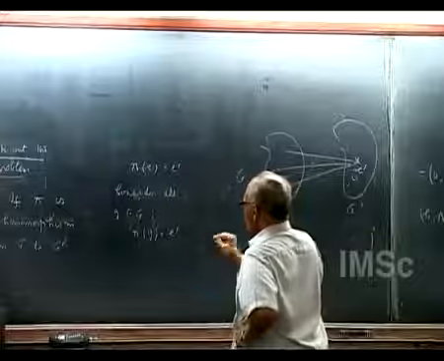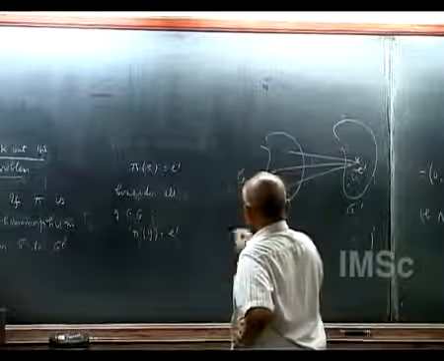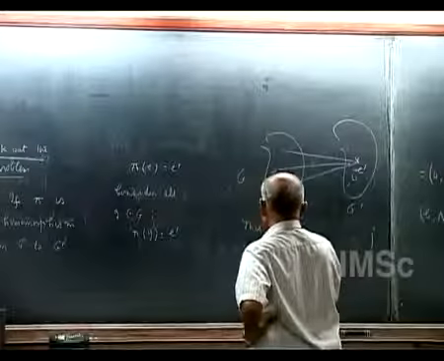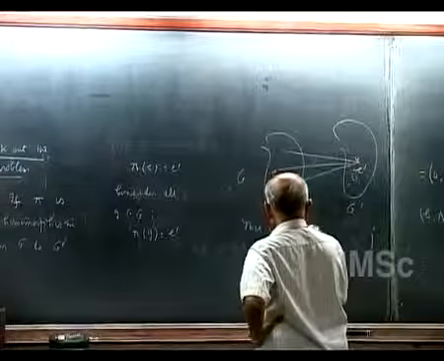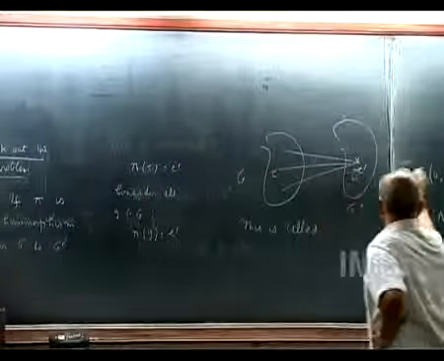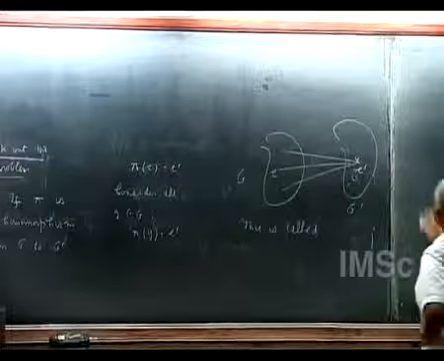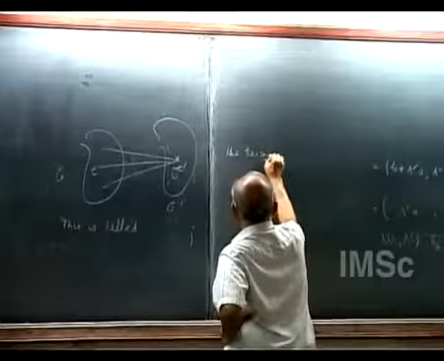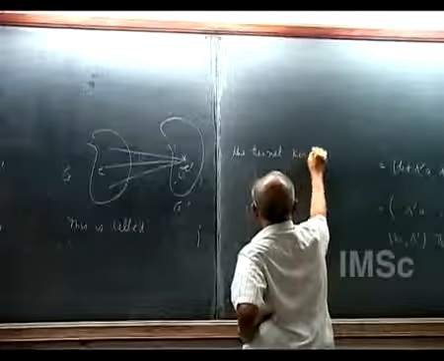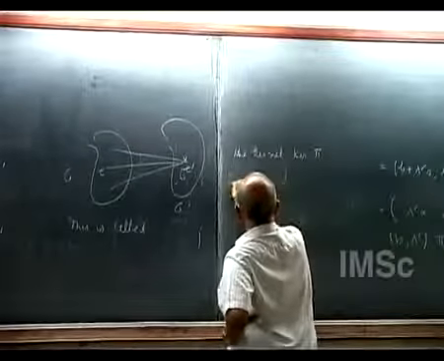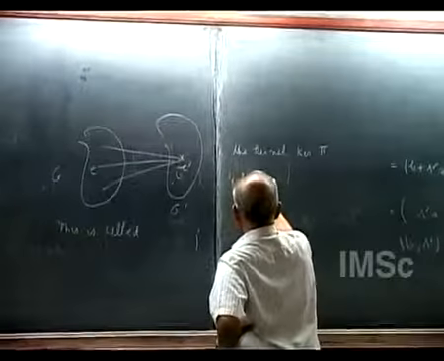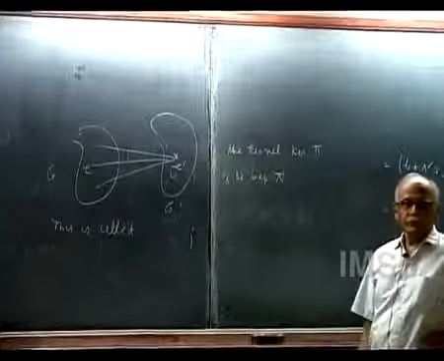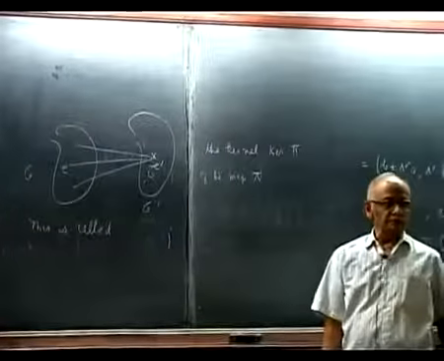this is called the kernel, ker pi, of the map pi. So, all the things which go to identity.